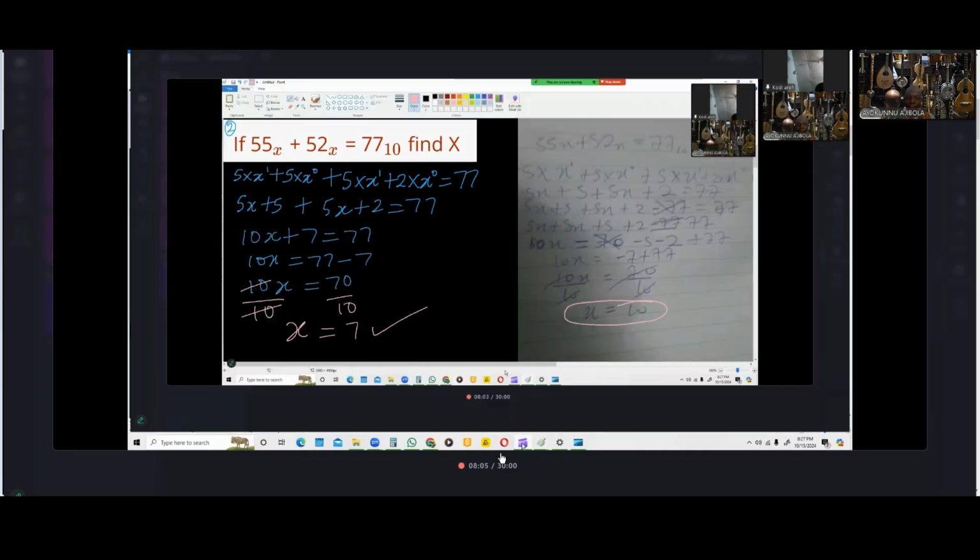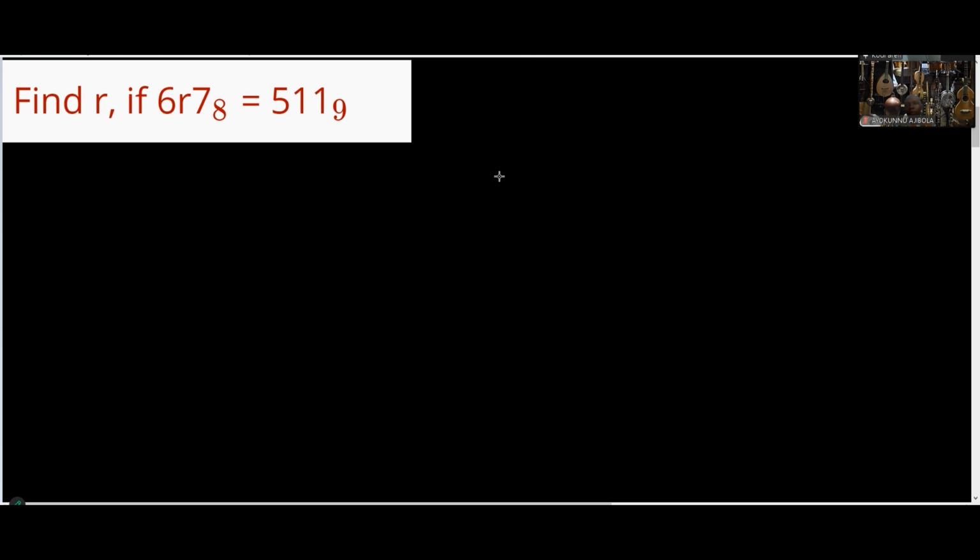Yes, sir. Okay. So right now we have another question we want to look at. This is question 3. This says if 6r7 base 8 equals 511 base 9, find r. So what we have to do is convert everything to base 10.